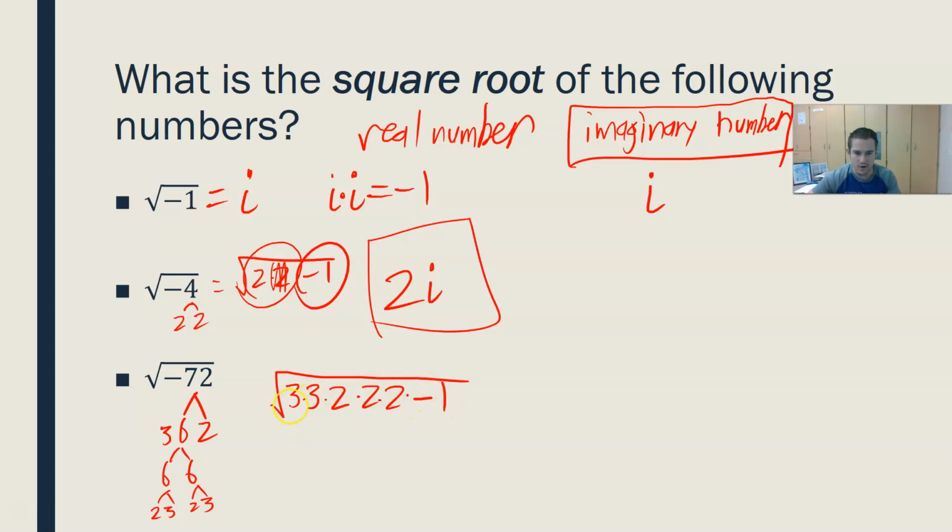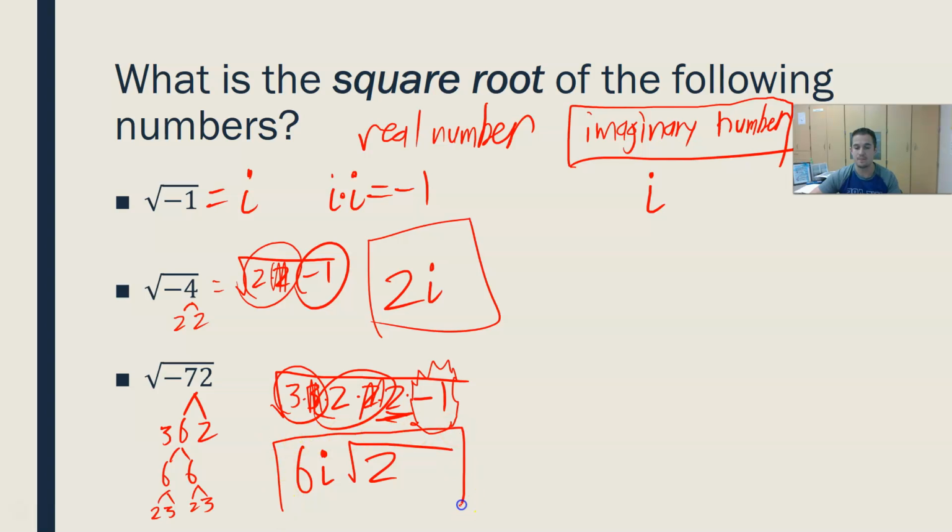In a square root number prison, numbers have to escape in pairs. So a 3 and a 2 get out, which multiply to make 6. This 2 stays in. And this -1, the square root of -1, can escape as an imaginary number. So I multiply by an i. So this would be 6i times the square root of 2.